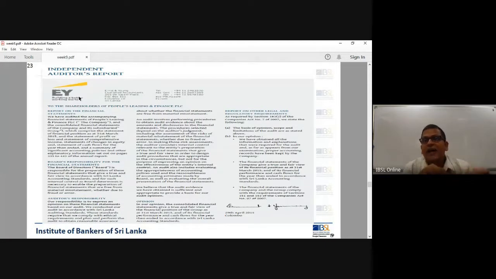If you work in a bank or finance company, it is better to go through your own bank's. Otherwise, it is available on the Colombo Stock Exchange website. You just select one of the banks' shares, and on that site there will be a financial statement section where you can download the annual report.